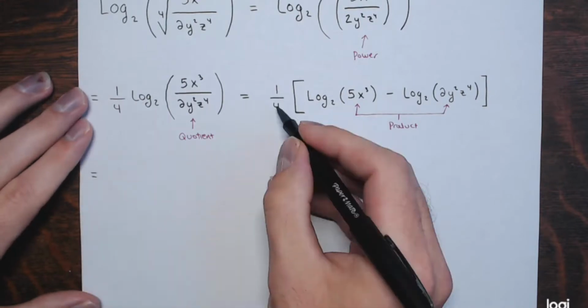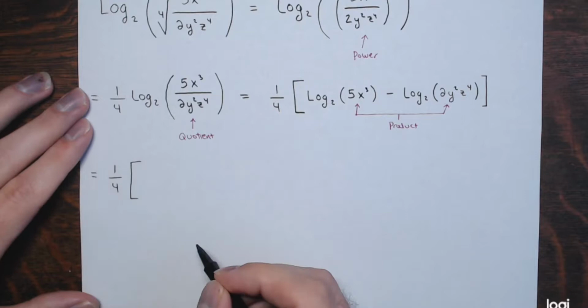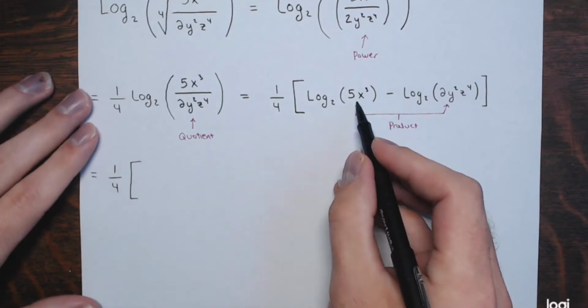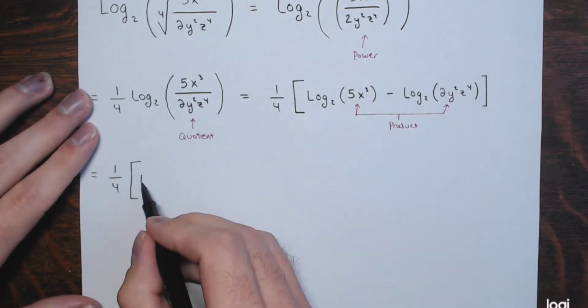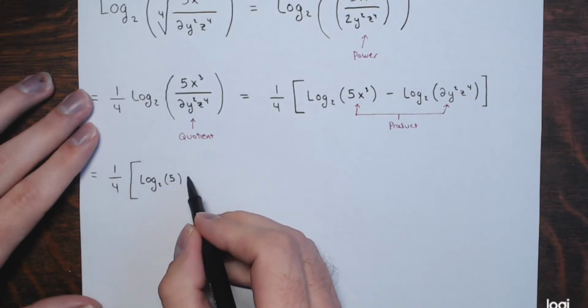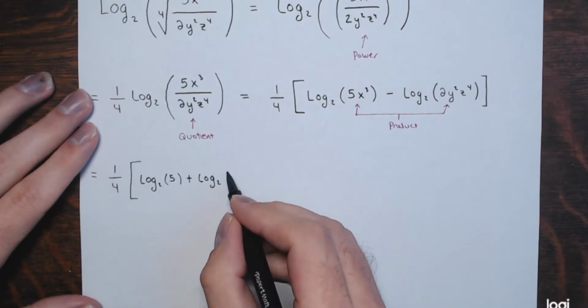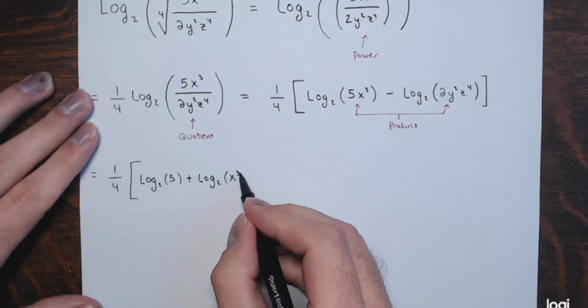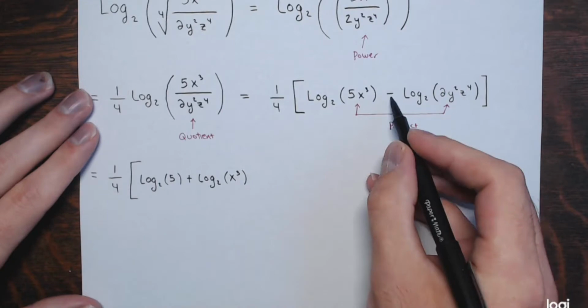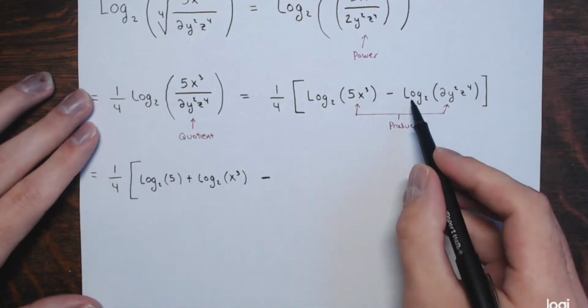So we have 1/4 times the quantity. This log base 2 of 5x cubed, I'm going to write as the log base 2 of 5 plus the log base 2 of x cubed. Then we have minus, remember, minus the quantity.